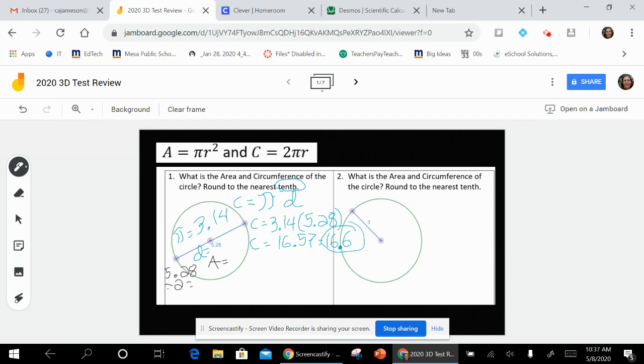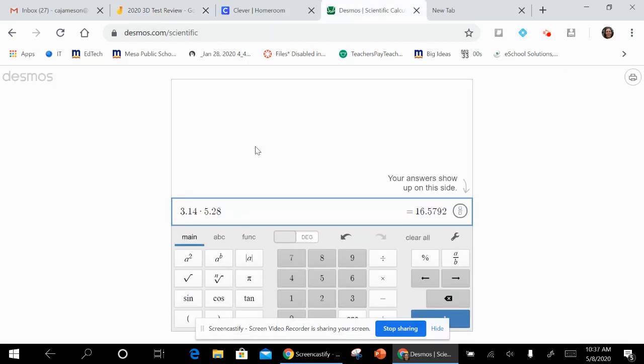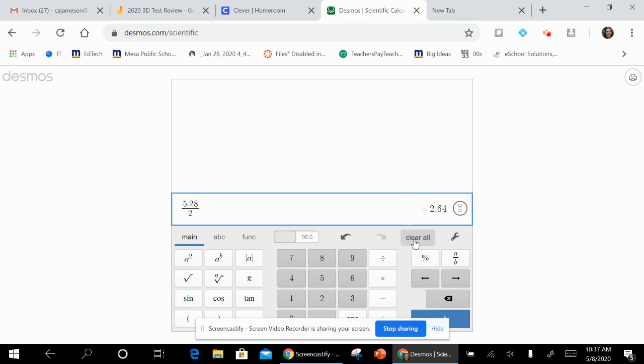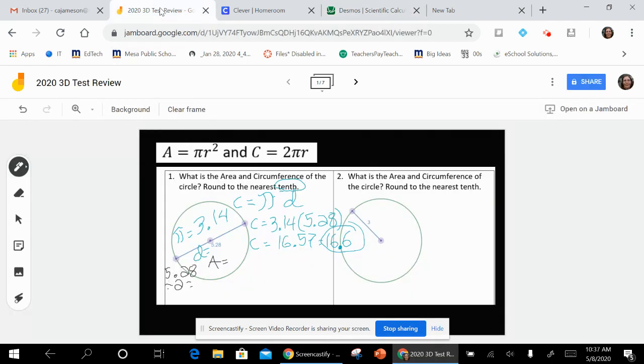So we take Desmos Scientific, we go 5 divided by 2, and we get 2.64 hundredths. So 2.64.